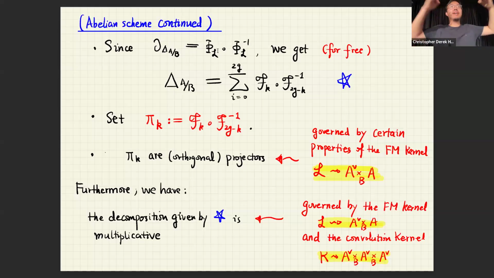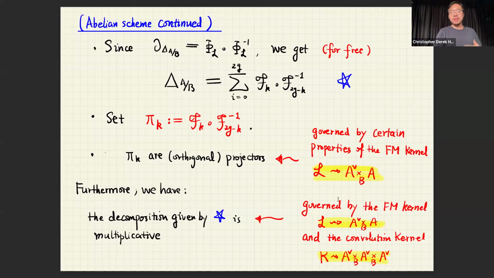You can descend from K-theory to cycles or cohomology directly, which tells you immediately that you can split the diagonal, on the left-hand side, into exactly 2g plus 1 algebraic cycles on the right-hand side. Because you have to go from A to A dual and come back, there are several ways to do it depending on which degree you assign. This tells you how to split the relative diagonal into 2g plus 1 projectors.